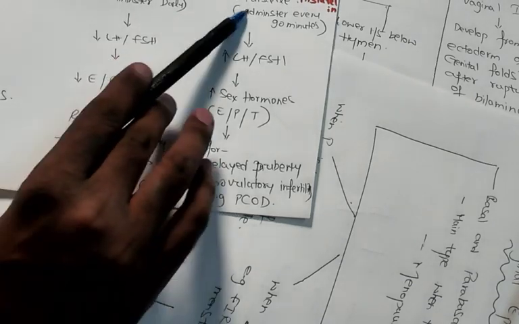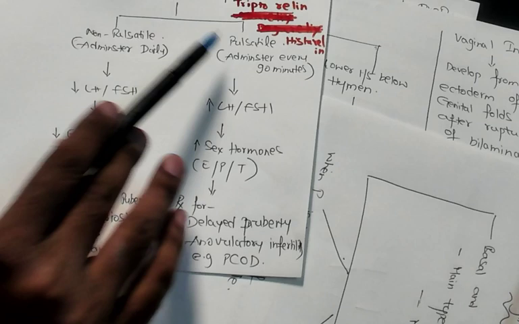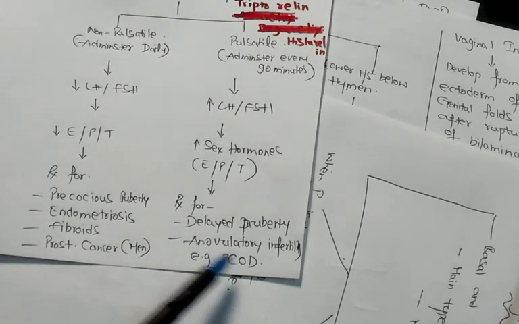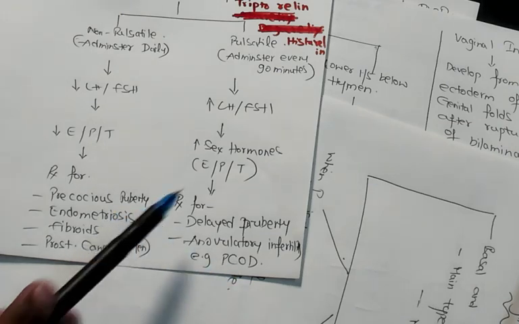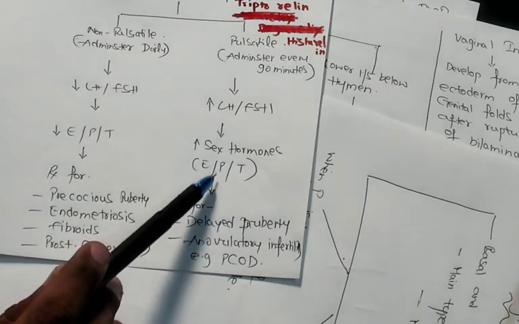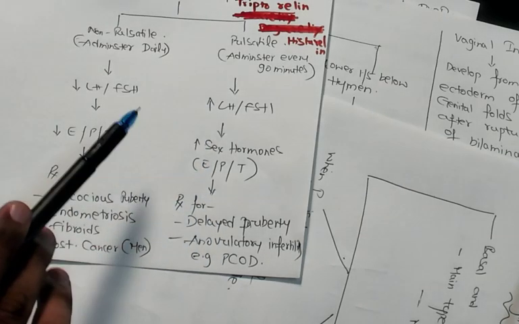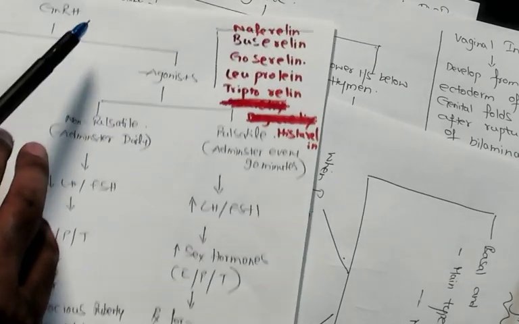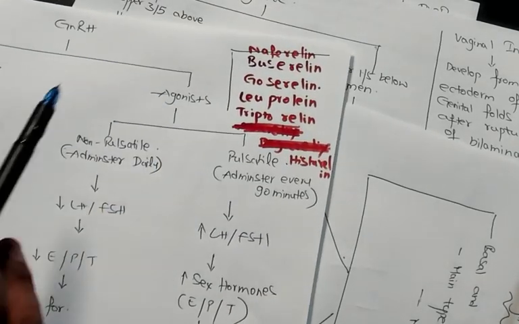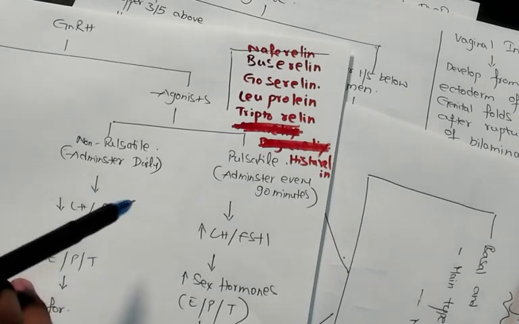So there you use the pulsatile way. Similarly, if there is any anovulatory infertility, like polycystic ovarian disease, then also you require to stimulate the LH. That's the reason pulsatile GnRH agonist is what you need to remember.